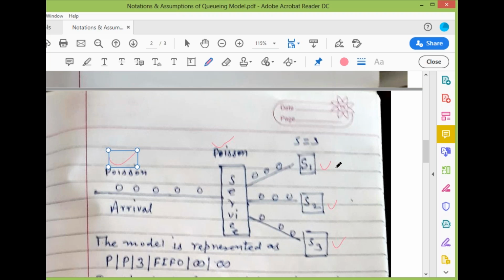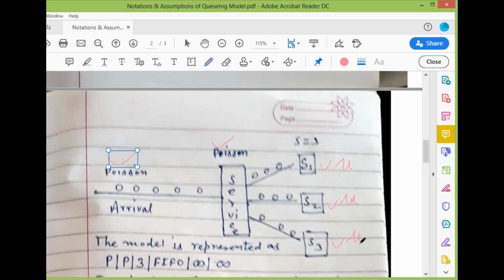Their capacity is supposed to be same, mu and mu, service rate mu. They are identical servers. When servers are arranged in parallel, it means that they are identical, of the same capacity.